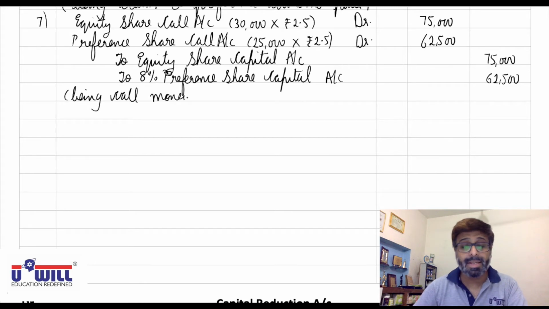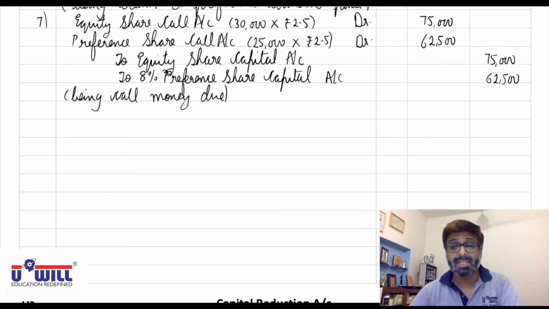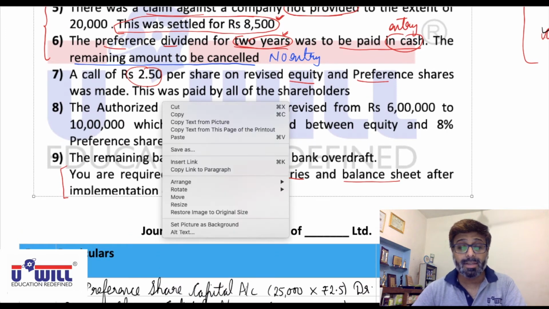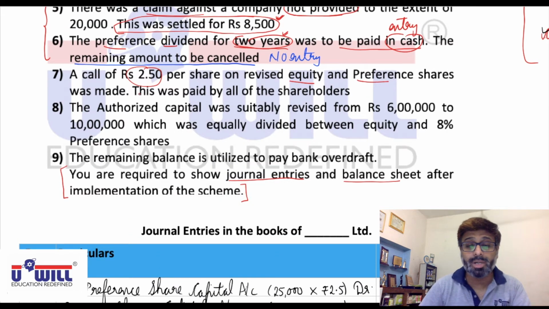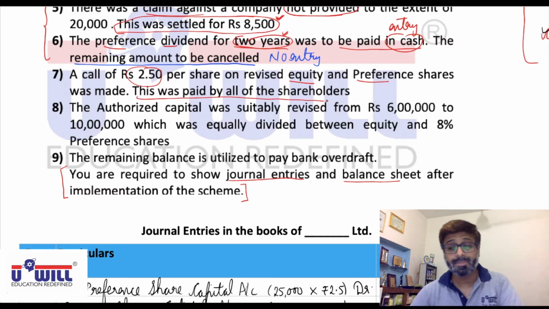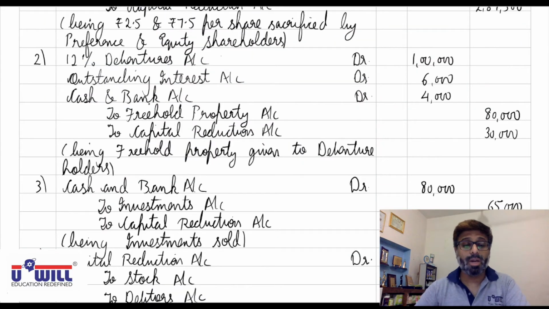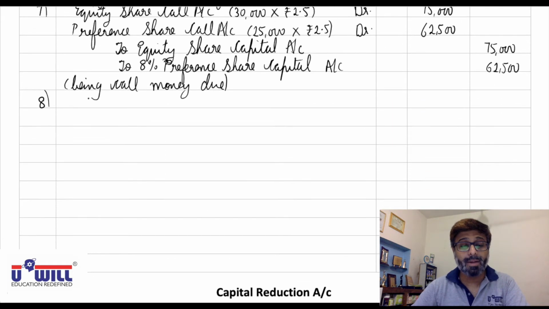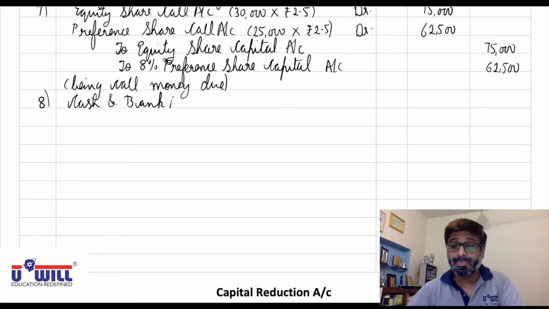And then it is given it is paid by all the shareholders, means there are no call arrears. Okay, you all can see here it was given: this was paid by all the shareholders. There are no call arrears. So if you all remember the entry for receiving the money, bank account debit, we used to debit bank account always because we always receive it by bank transfers only. What is the total amount? 75,000 plus 62,500, 1,37,500.